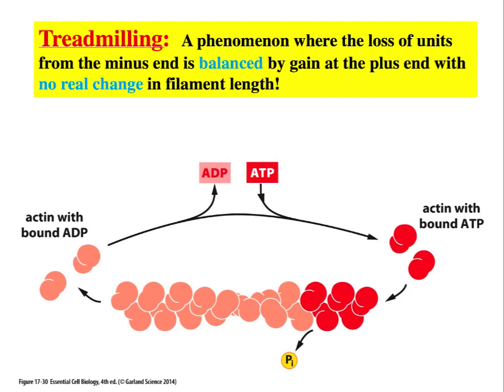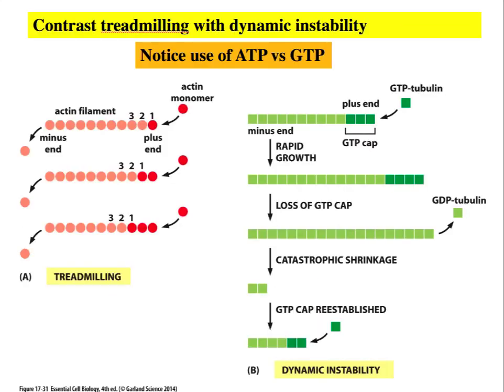So now that we know what treadmilling is, let's compare that with dynamic instability that we saw with microtubules. With the phenomenon of treadmilling, there is a flow of subunits from, in this case, the right-hand side to the left-hand side. So the subunit numbered 1 is just being added right here.